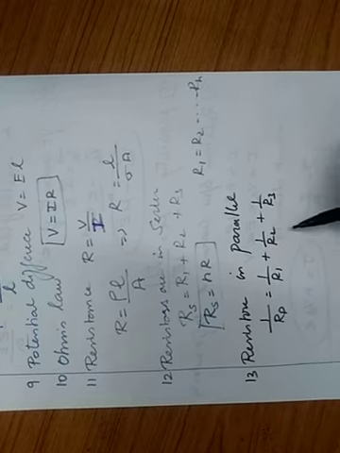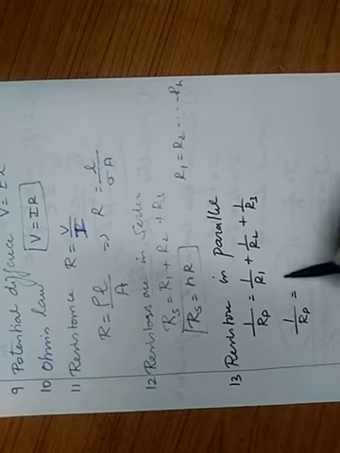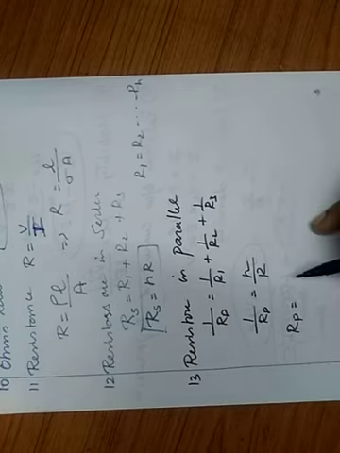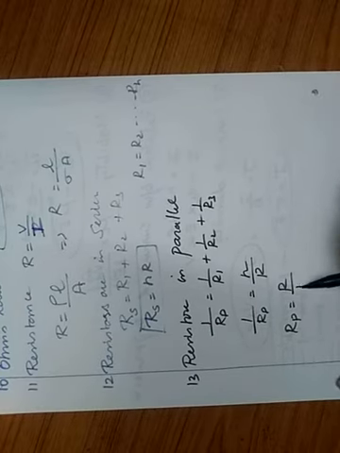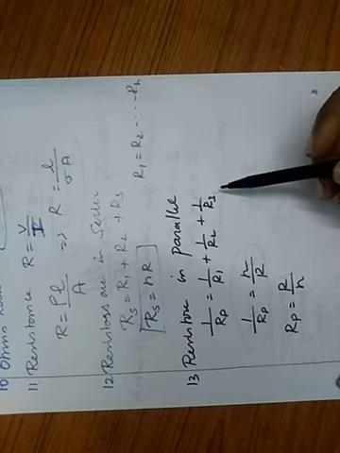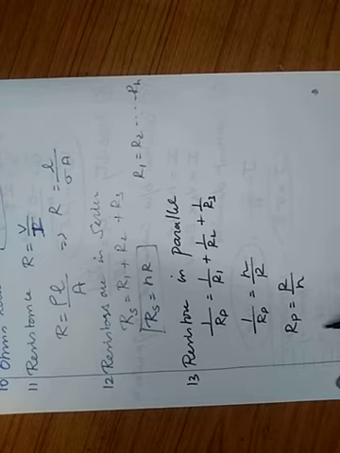If n resistors of the same resistance are connected in parallel, then we can find the effective resistance 1 by Rp is equal to n by R. We need only Rp, so we can write Rp is equal to R by n. Here in a parallel connection, the voltage drop across each resistor will be the same. The effective resistance is always less than the individual resistance.